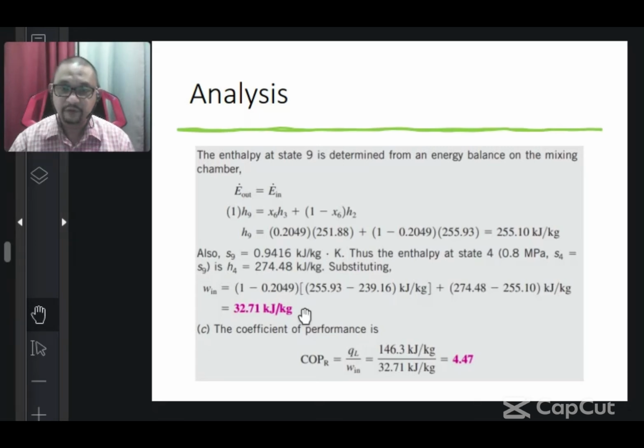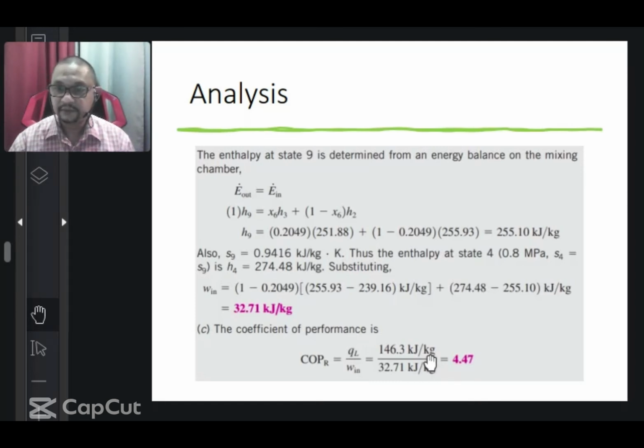then you will get the total work for these two compressors is 32.71 kilojoule per kg. So you have calculated QL and also W in total, so you can find the COP for this multi-stage compression refrigeration system using the basic formula QL over W in, because small q and small w, this is the specific heat and also specific work.